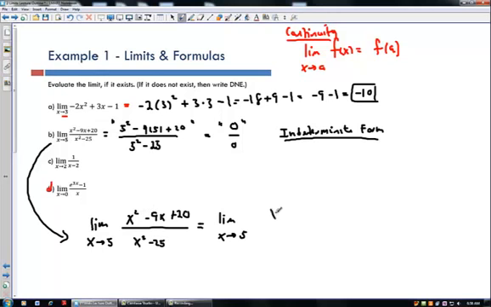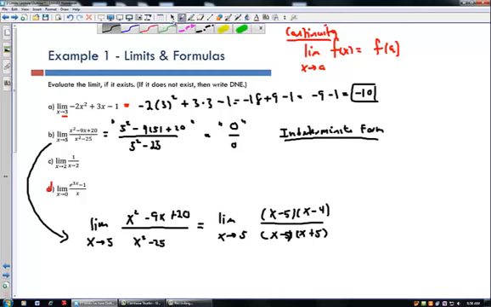So you can factor the top, so you get x minus 5 times x minus 4. And you can factor the bottom, so x squared minus 25 is x minus 5 times x plus 5. And what happens is that these x minus 5s are going to cancel.